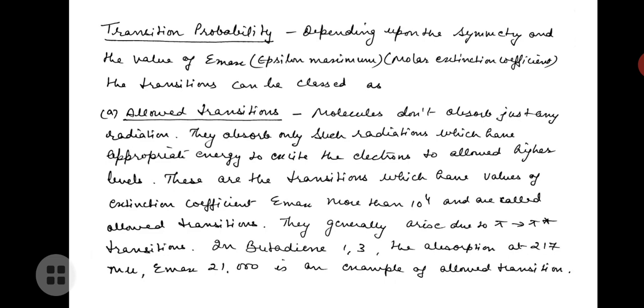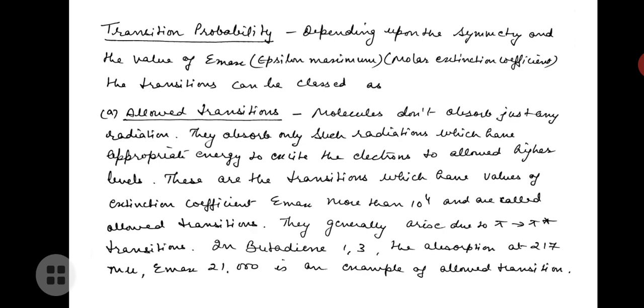Depending upon the symmetry and the value of Emax, the transitions can be classified as allowed transitions and forbidden transitions. Now, what are allowed transitions? Molecules don't absorb just any radiation. They absorb only such radiations which have appropriate energy to excite the electrons to allowed higher levels.